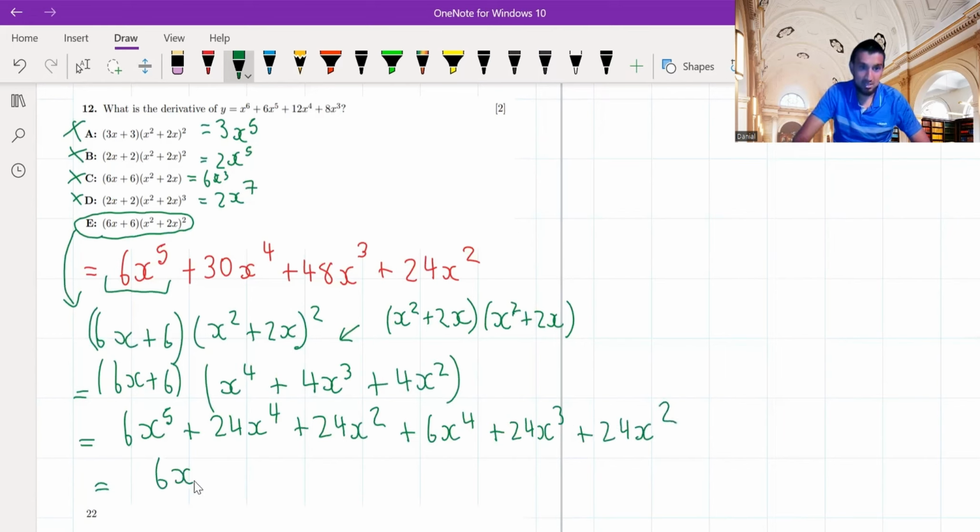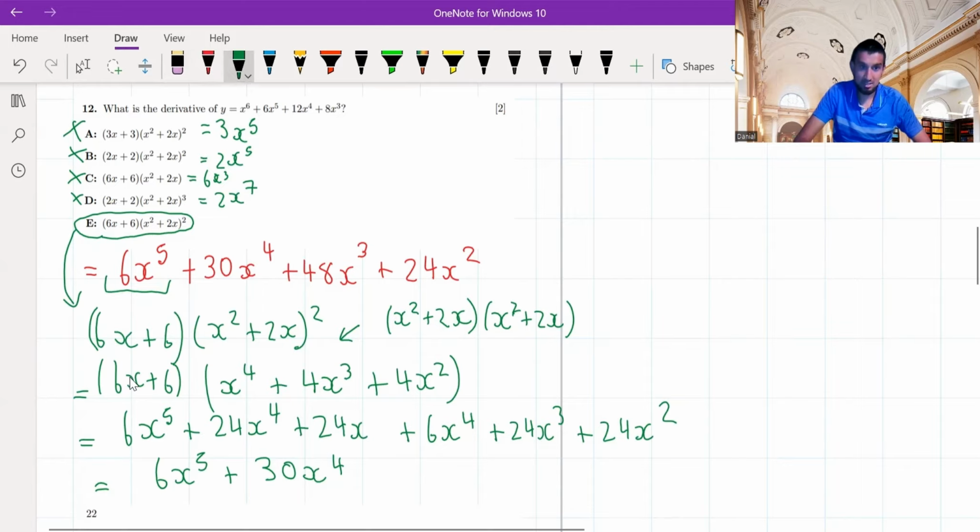And then that will be 6x to the power 5 plus 24x to the power 4 plus 6x to the power 4 will be 30x to the power 4 plus 24x cubed. So yeah, this term should have been, yep, so this term should have been 24x cubed, okay?